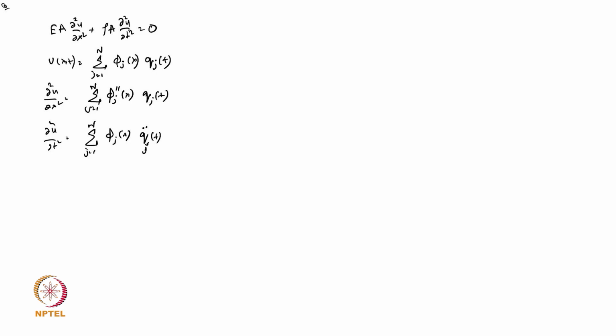If I substitute that back into the main equation, I get EA into summation of j equal to 1 to n of phi_j double dash (x) q_j(t) plus rho A summation of j equal to 1 to n of phi_j(x) q double dot j(t) equal to 0.